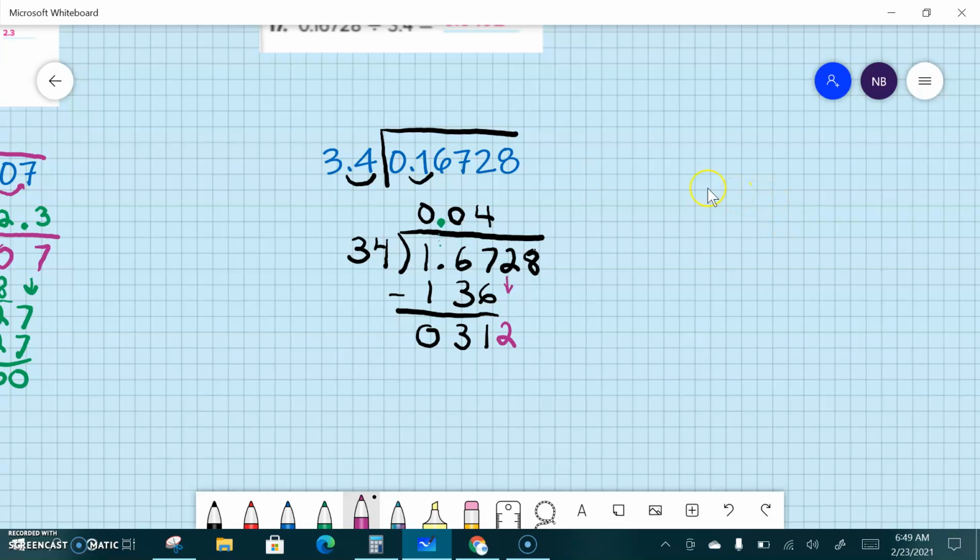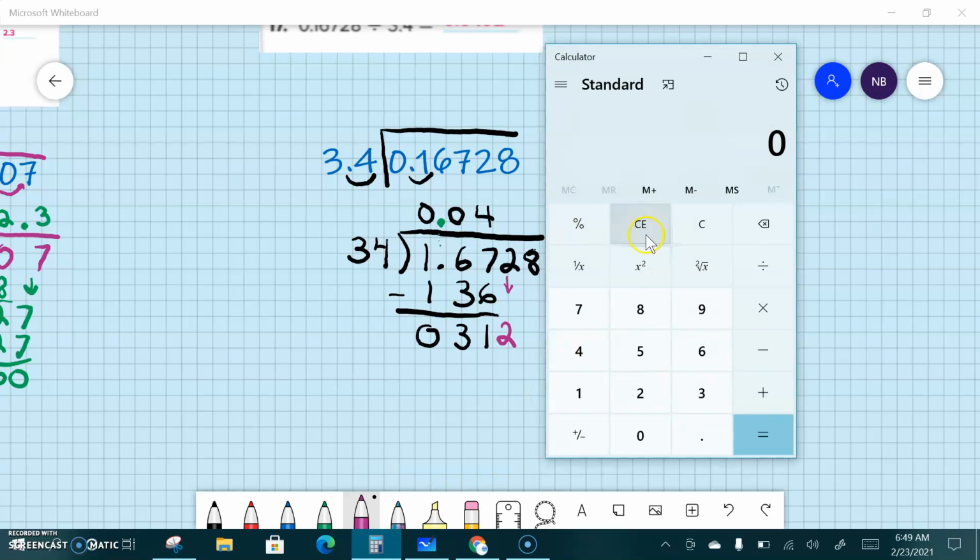Now I've got 312. Well, I know 4 got me 136, so I almost have to double that. So let's try multiplying 34 times 8. Close. 34 times 9. Okay, it looks like 9. 306 is the closest I can get to 312.